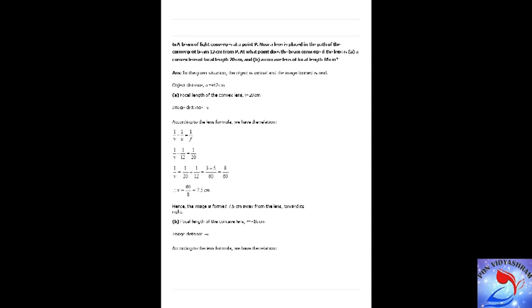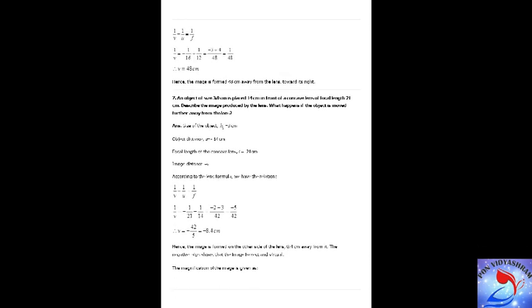Then the focal length of the concave lens is given as 16 centimeter. According to Cartesian signs, we know it is minus, so the focal length will be taken as minus 16 centimeter. Object distance is the same, only 12 centimeter. As it is a concave lens, it will be taken as negative.